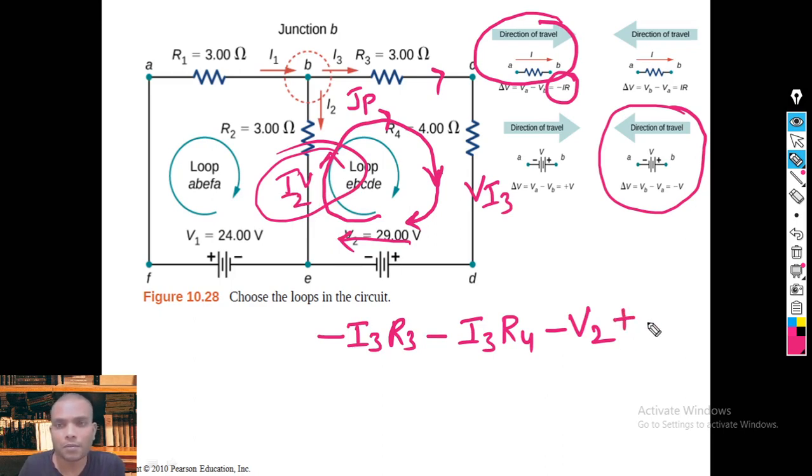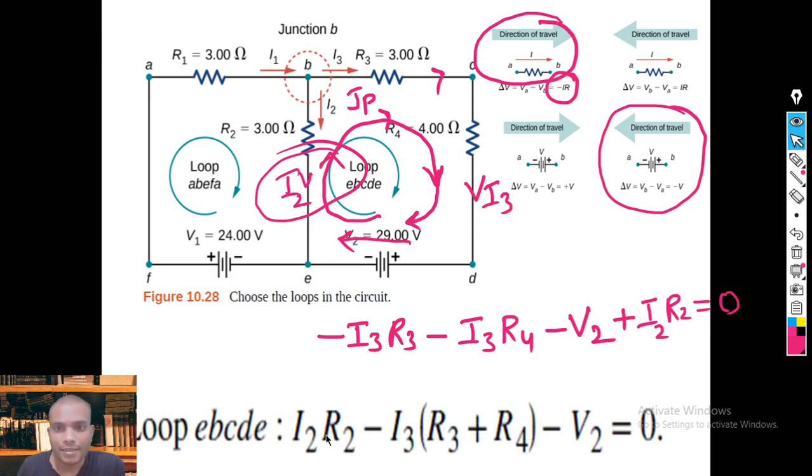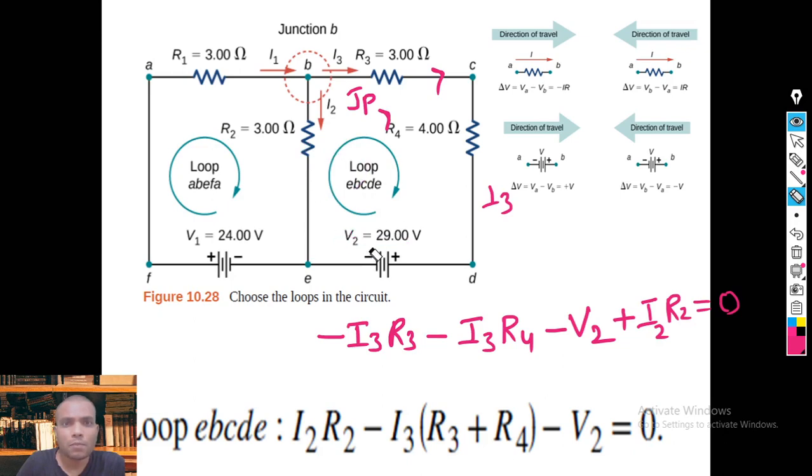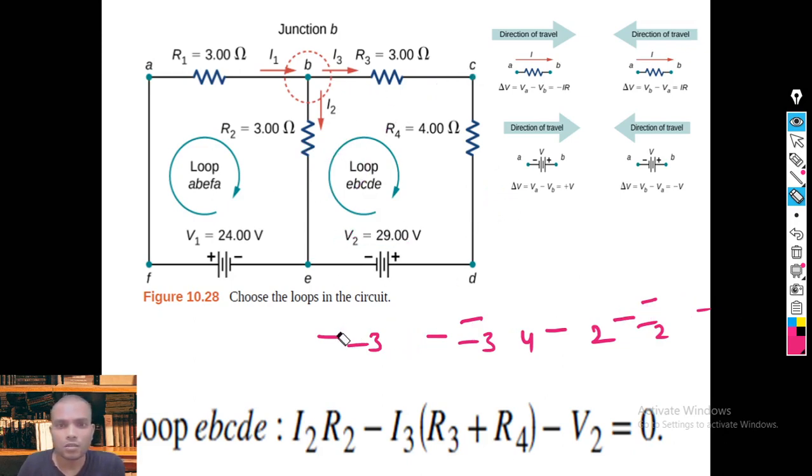So I take plus I2 R2, and everything equals 0. So we write plus I2 R2 minus I3 times R3 plus R4 minus V2 equal to 0. This is the way, using conventions, that we apply the sign conventions to a considered loop.